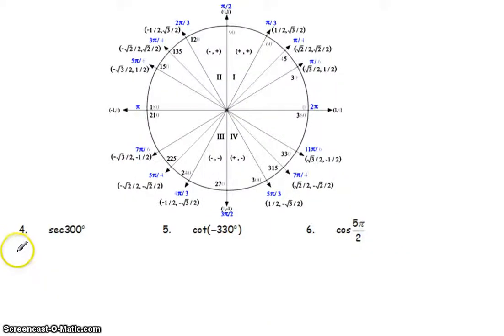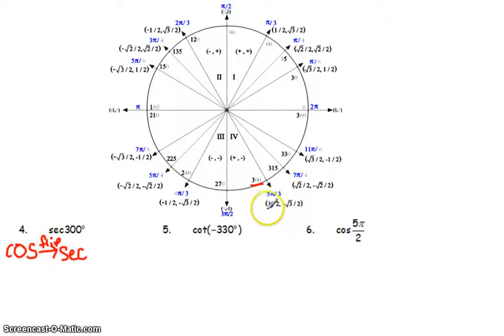Okay, now I have secant of 300 degrees. Well, I know that secant is the reciprocal of cosine. So I'm going to find cosine, and then I will flip it to get my secant. So first I need to find 300 degrees. 300 degrees is right here.